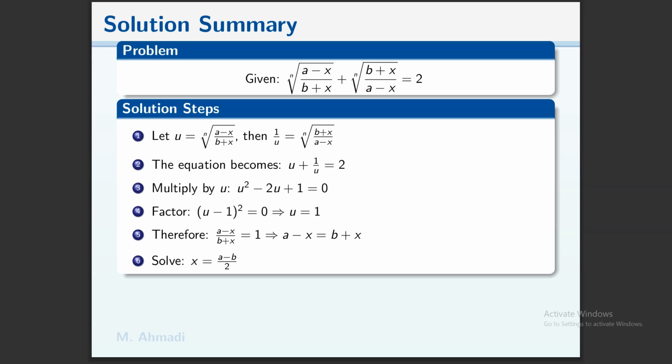The equation becomes u plus 1 divided by u equals 2, and after the multiplication we have u squared minus 2u plus 1 equals 0, and after the factorization we have (u minus 1) squared equals 0, and then u equals 1. So we have that x is (a minus b) divided by 2.